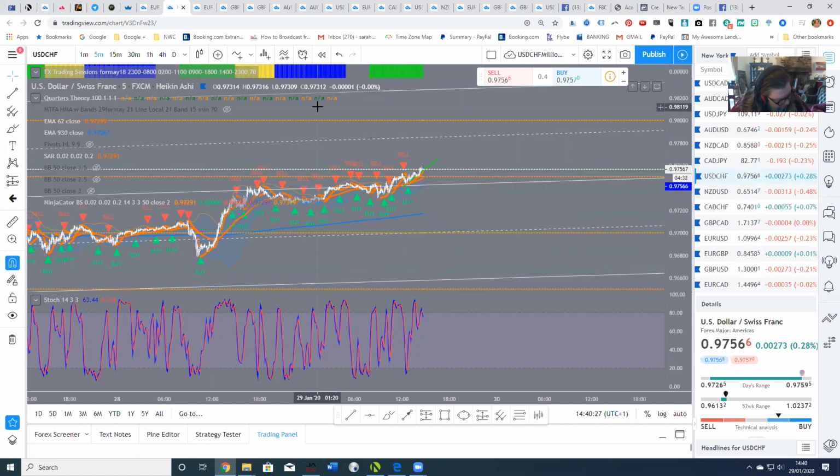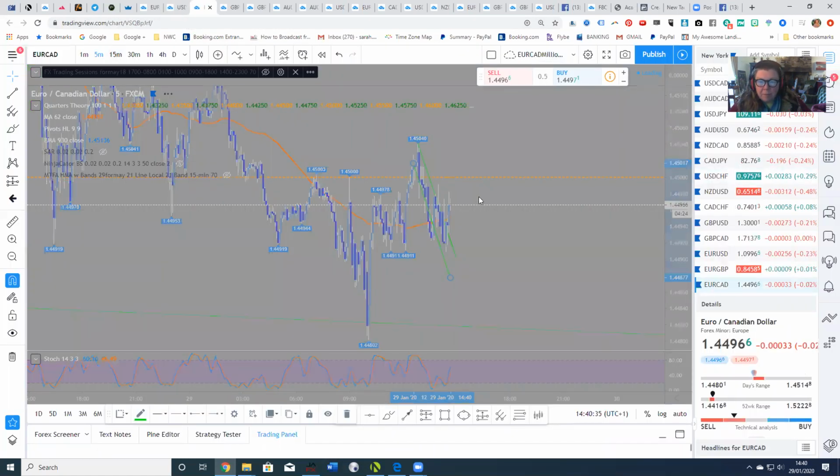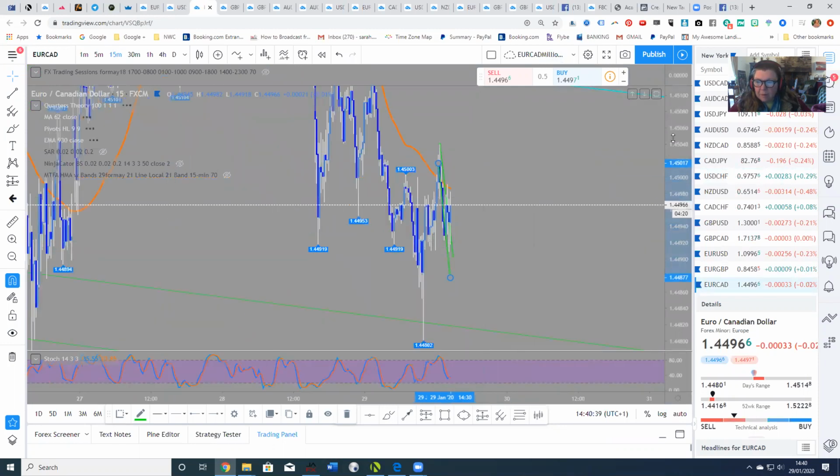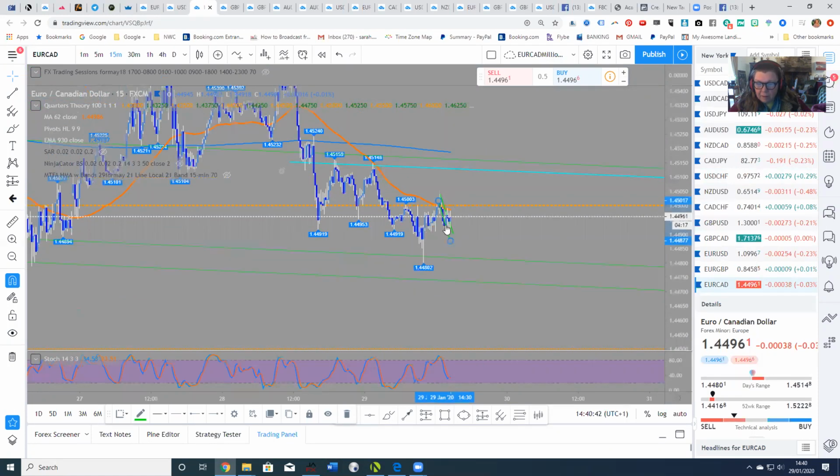And let's go now to Euro CAD. Euro CAD 15 minute. It's in a downward trend, and it's below quarter theory. You can see it's very near the bottom, so no trade for us on the 15 minute at the moment.